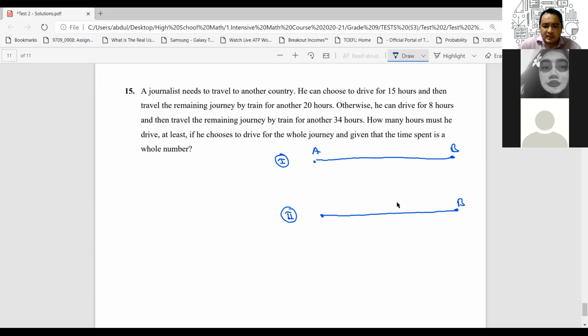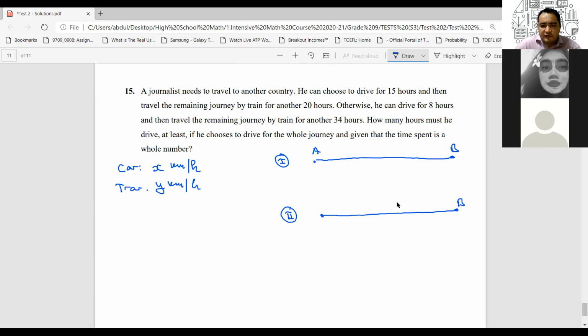So let's say the speed of the car is X kilometers per hour, and the speed of the train is Y kilometers per hour.